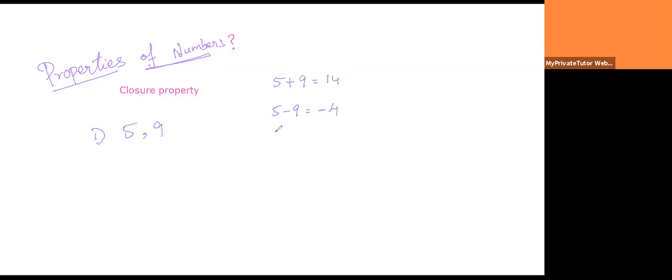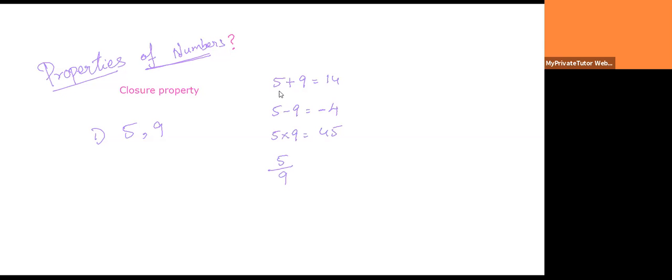Then 5 times 9 is 45. And 5 divided by 9 we can't simplify.